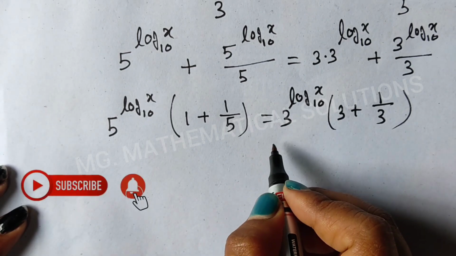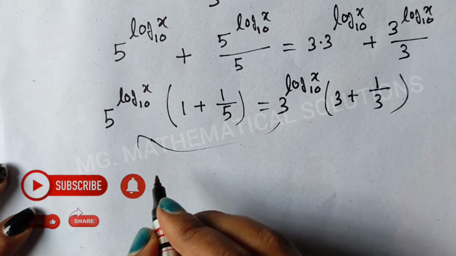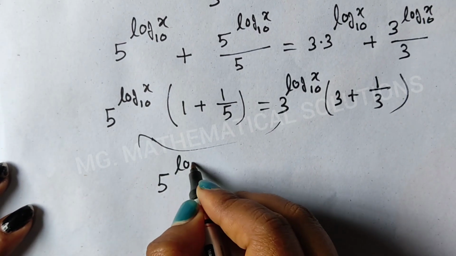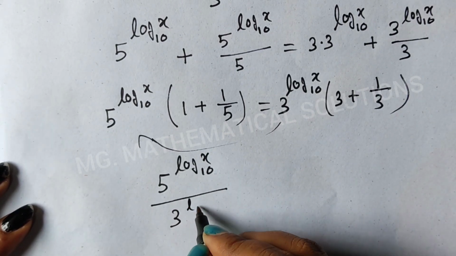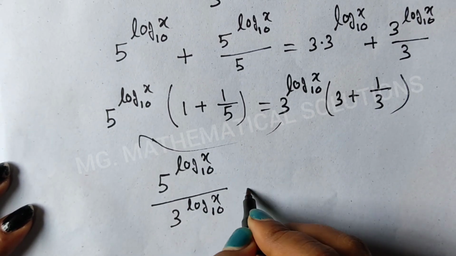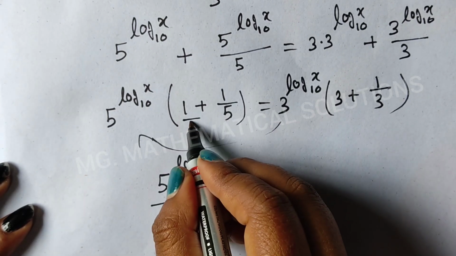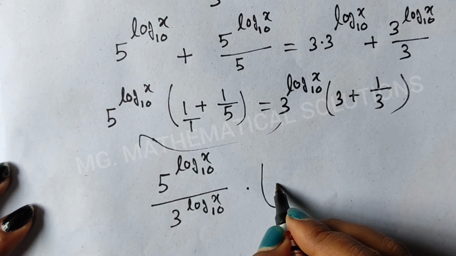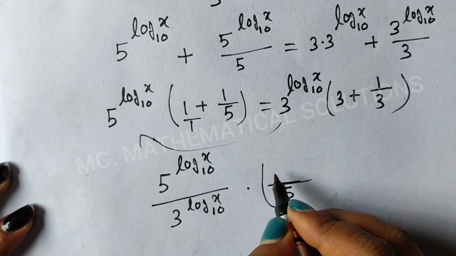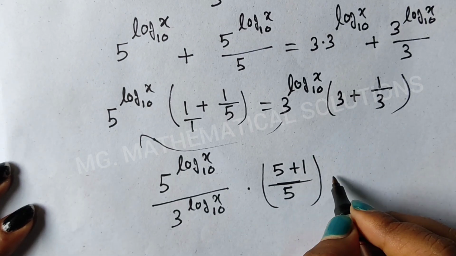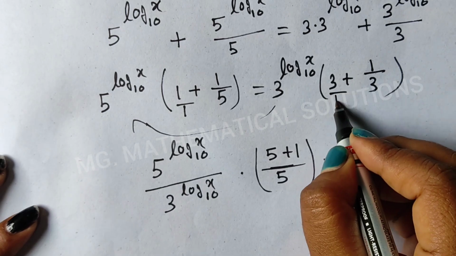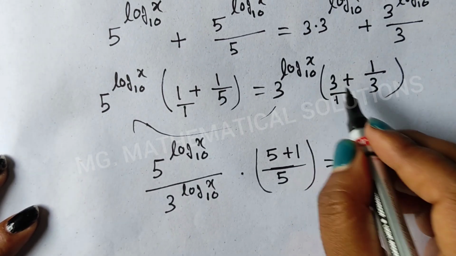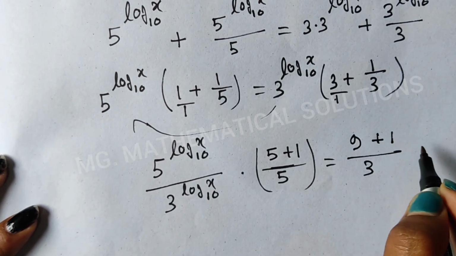Now we write this term here. So 5 to the power log x base 10 divided by 3 to the power log x base 10 times, here I have 1, so the LCM of 5 and 1 is 5, so 5 plus 1, equals, the LCM of 1 and 3 is 3, so 3 times 3 is 9, plus 1.